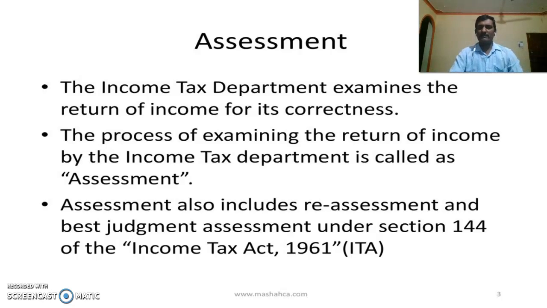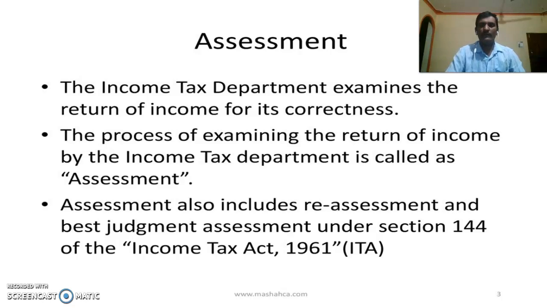Assessment is nothing but the computation of the tax liability. How to calculate the tax liability? The tax liability can be computed in three important steps. The first step is computation of gross total income. After computing the gross total income, we have to subtract the deductions, if any, under section 80C to 80U.